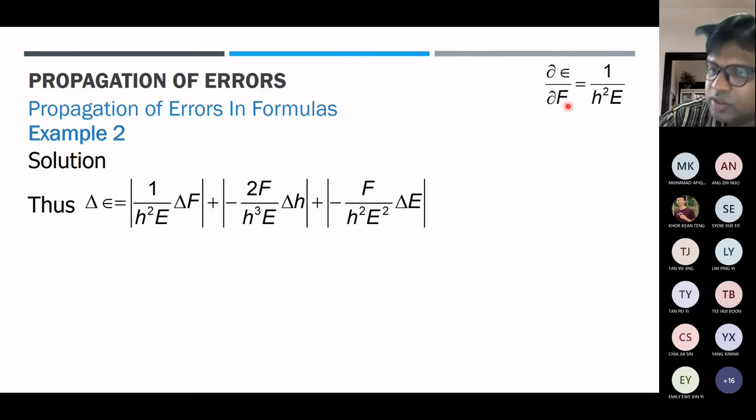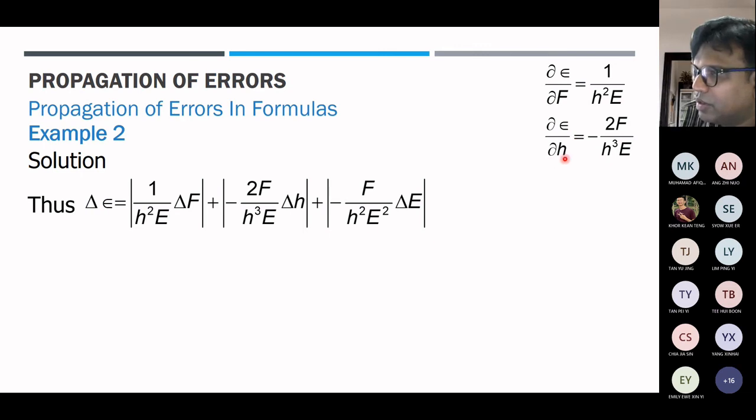Likewise, you're going to differentiate the second term, which is H. When you differentiate with respect to H, the remaining variables will be constants.